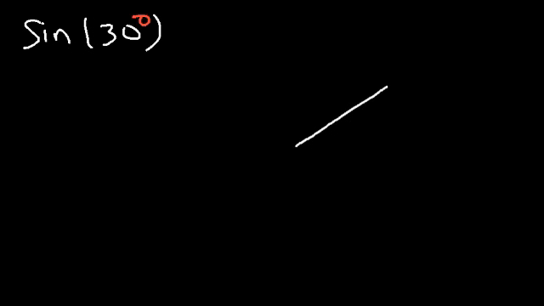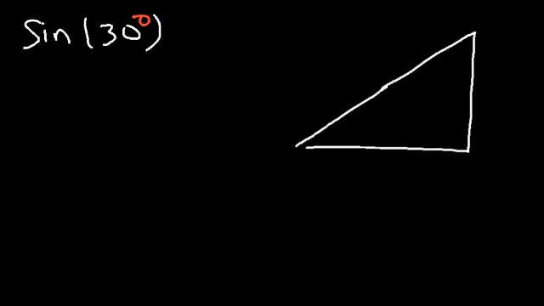Now let's say if you're asked to find the value of sine 30, and you're not allowed to use a calculator or the unit circle. So one option is that you can memorize the unit circle, or you can use the 30, 60, 90 triangle.